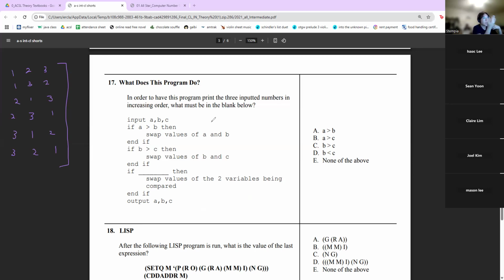We don't need to check whether A, B is greater than C, and B is less than C, because logically we can determine that they're useless. They don't do anything, which narrows down your answer to A and B. Let's assume you have to run through this program 12 times. That's very manageable. Anyway, those are just tips and strategies to solve this problem. At the end of the day, the answer is going to be A.